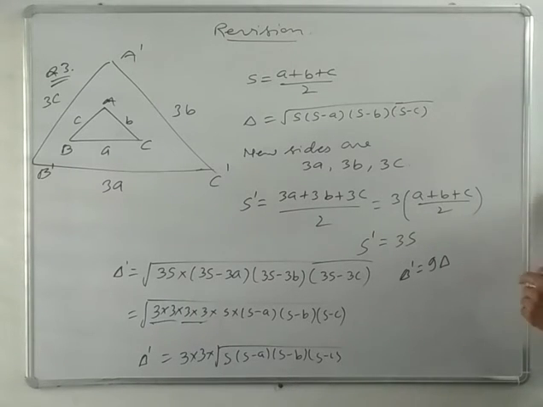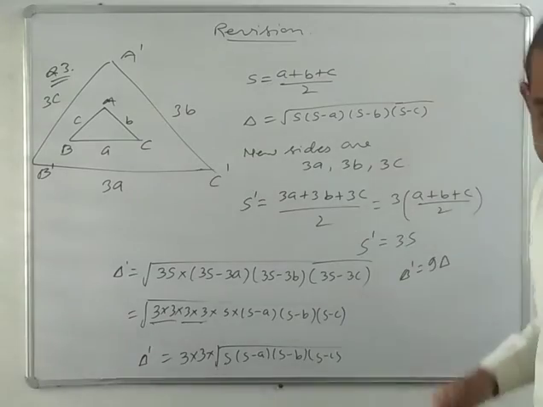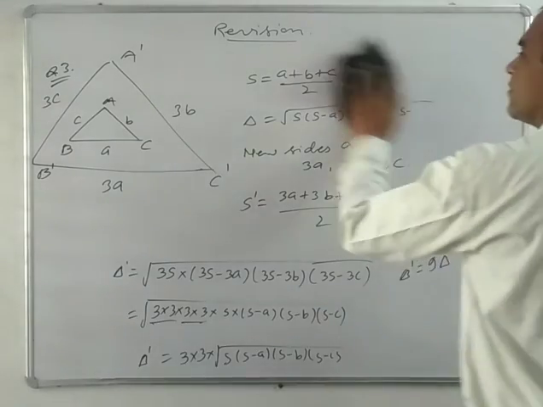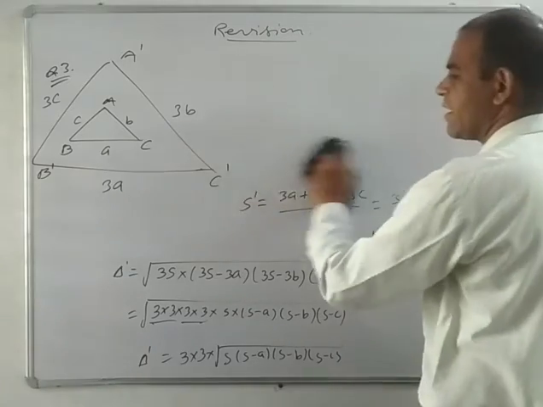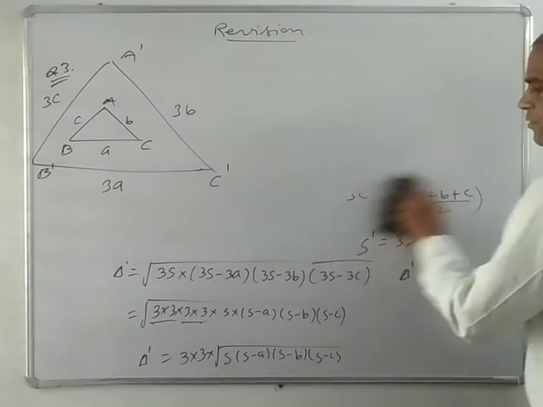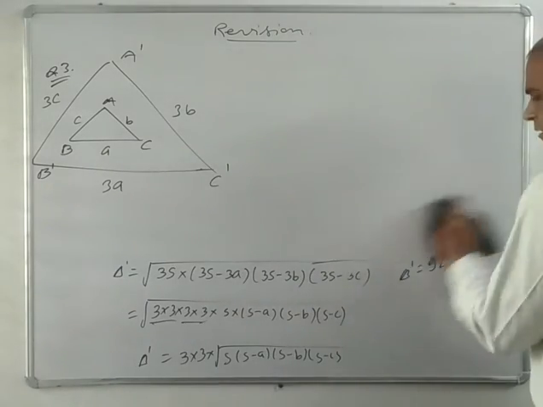Again, increased area. Delta is the area of the given triangle and 9 delta is the area of the new triangle. So 8 delta is the difference.